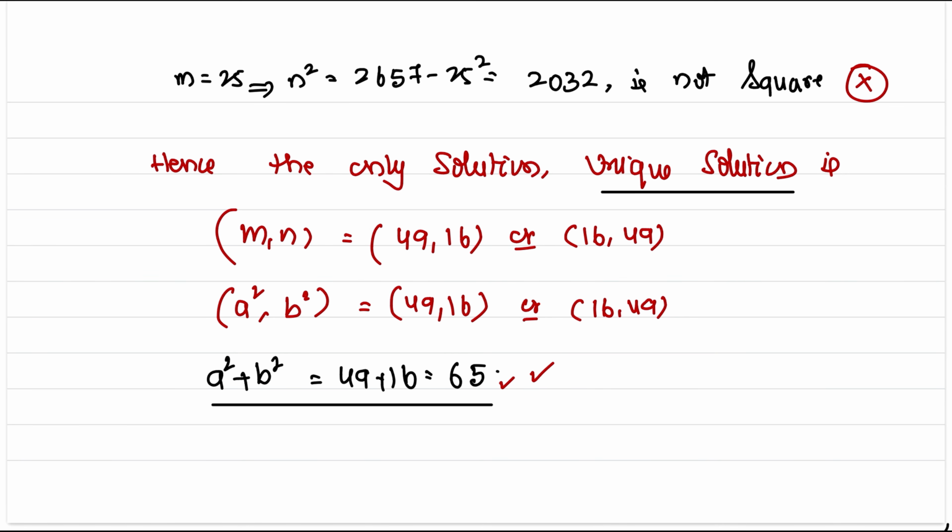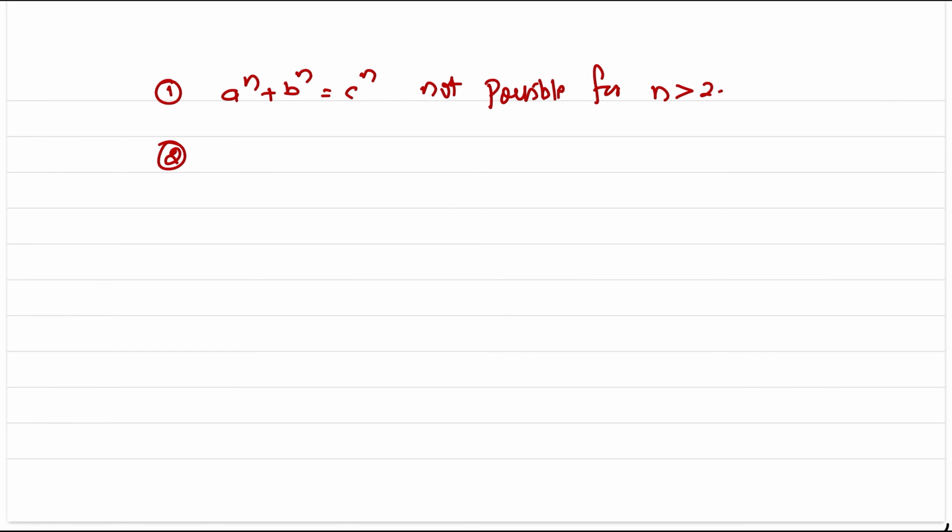And what we have discussed here, one is a to the power of n plus b to the power of n is equal to c to the power of n, not possible for n greater than 2. That is what we have understood or what we have used.